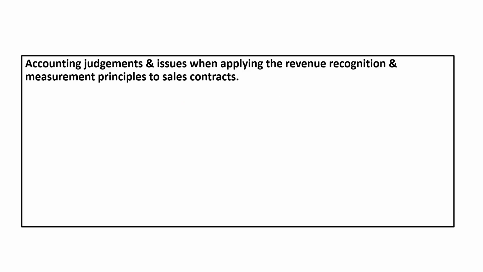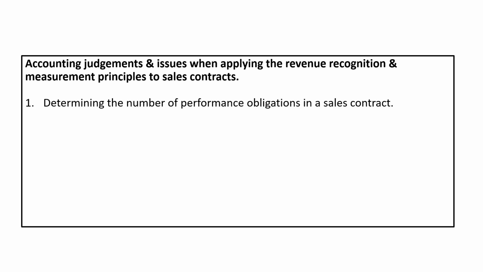We'll now consider some of the accounting judgments and issues that arise when applying the revenue recognition and measurement principles to sales contracts. The first area of judgment is determining the number of performance obligations in the sales contract.